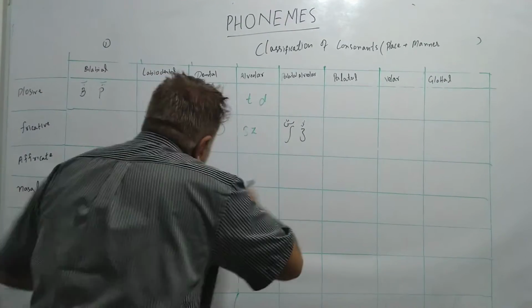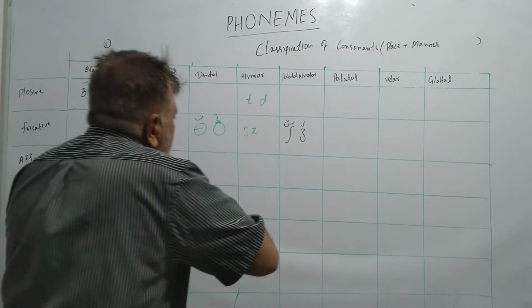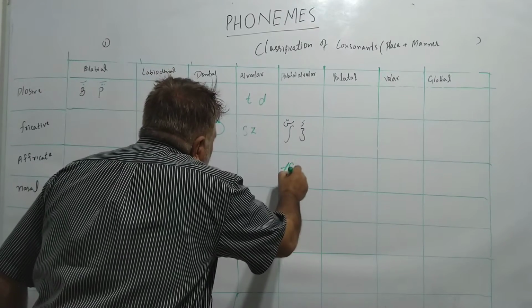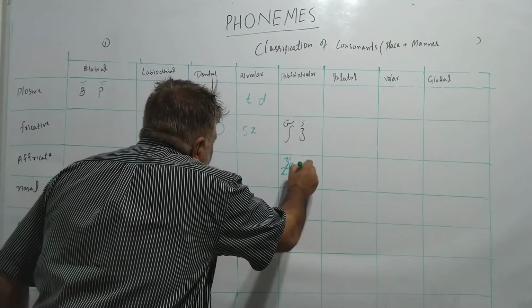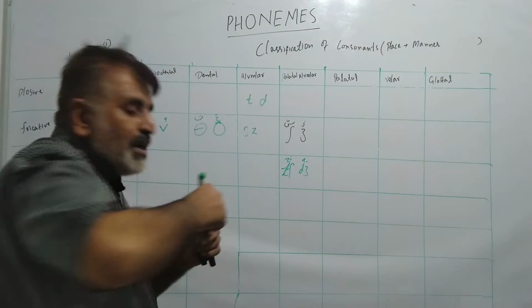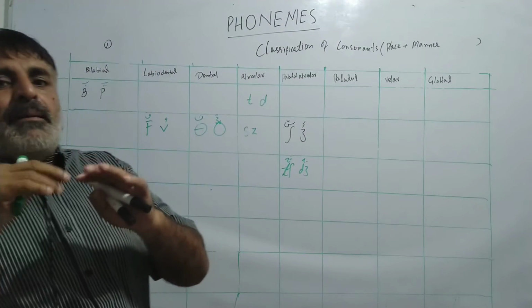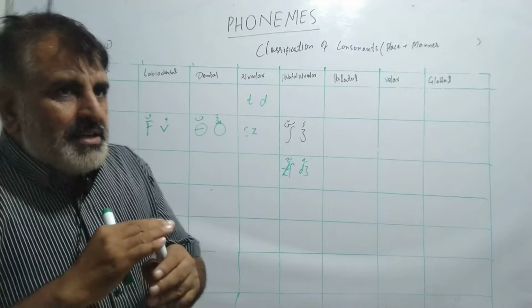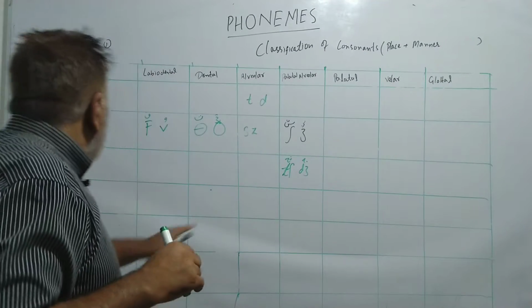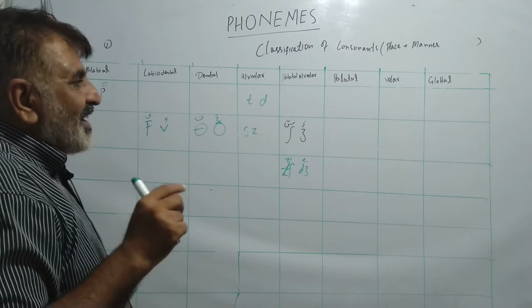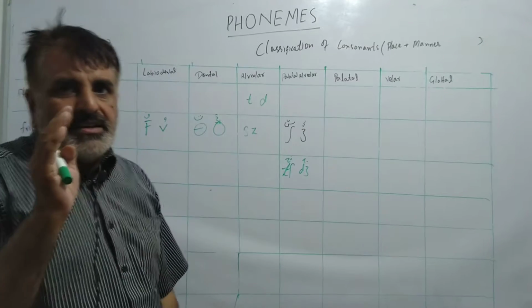So we have two sounds which are palatal alveolar: cha and ja. The place of articulation is palatal alveolar, but the manner of articulation of these two sounds is affricate.